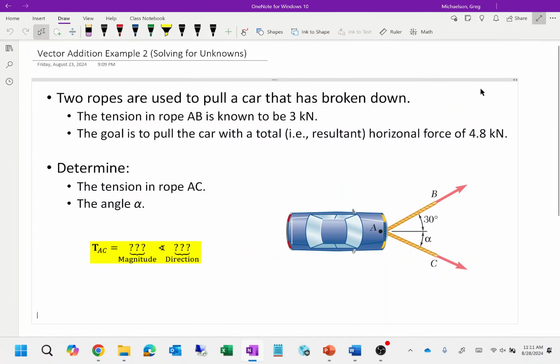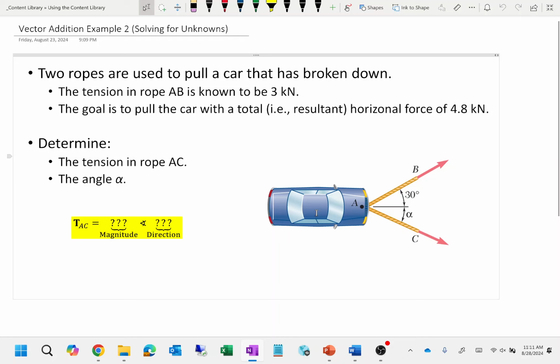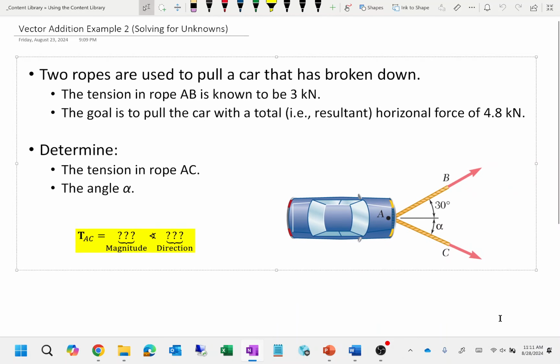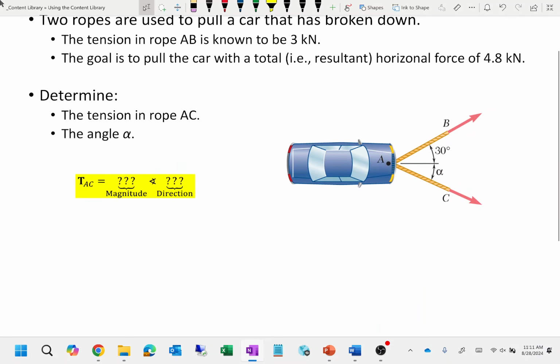Okay. So here's our problem. Let's do some vector descriptions.